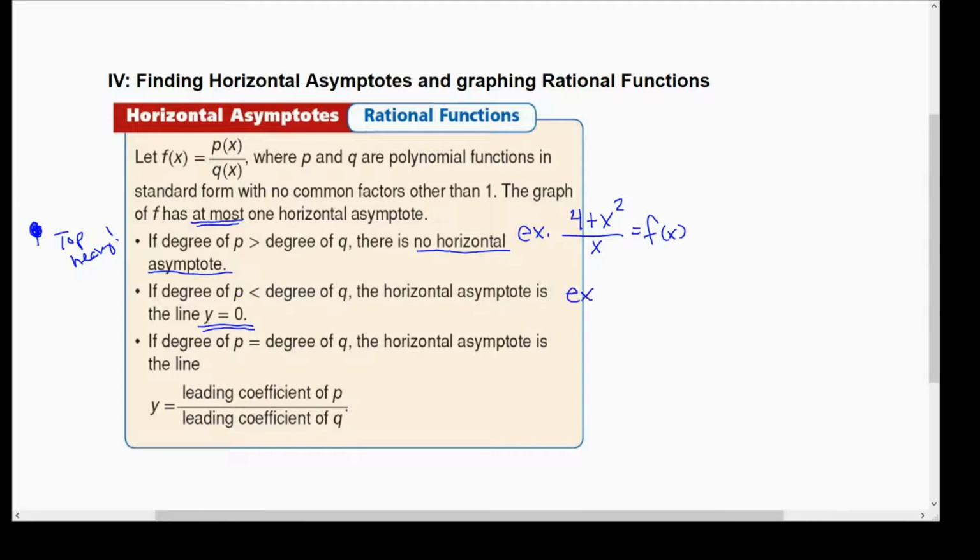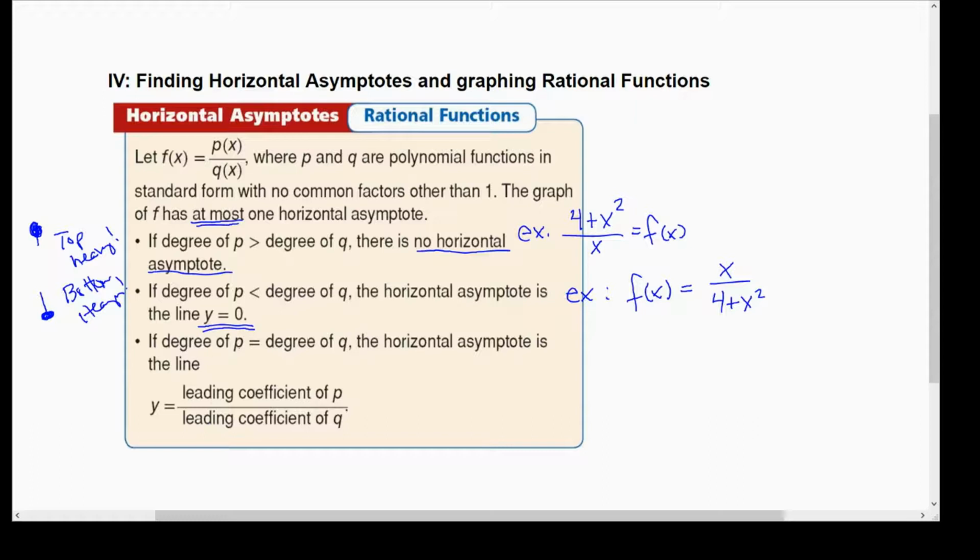An example of that would be f of x equals, let's flip that same one over, 1 over (4 plus x squared). Now x squared is on the bottom, so the degree of 2 is on the bottom, and the degree of 1 is on the top. This is what I like to call bottom heavy.